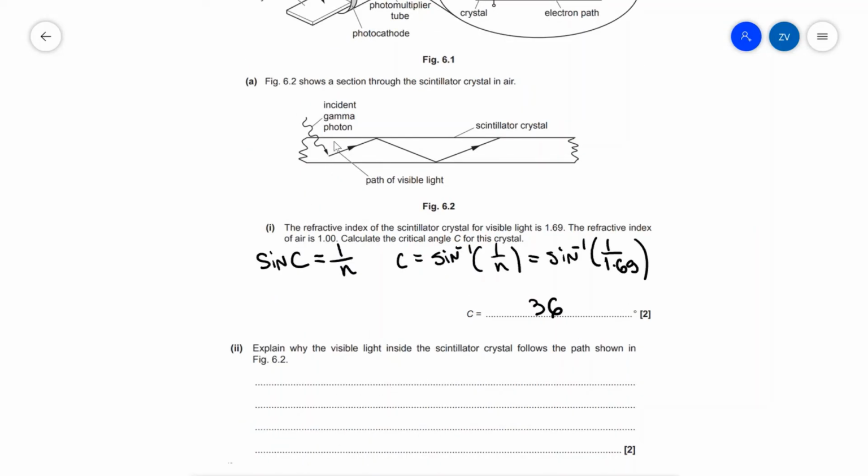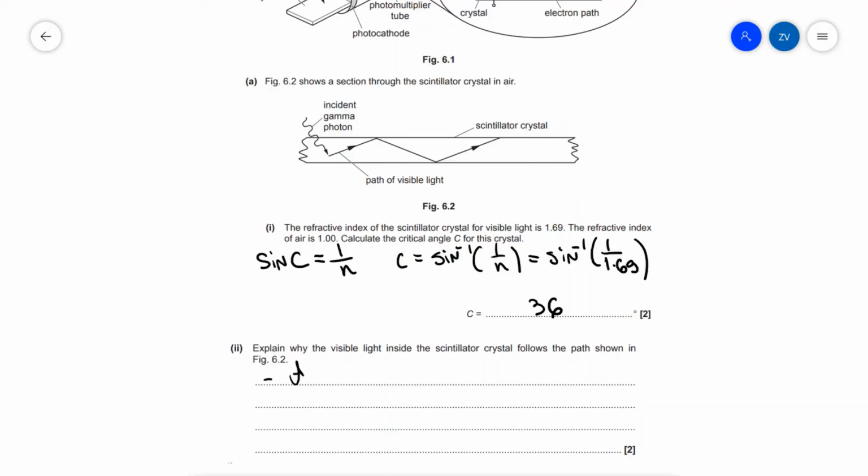Now we're going to see that visible light follows the following path. None of it is refracted, it is totally internally reflected, and this is because the angle of incidence is greater than the critical angle. So that means a total internal reflection occurs. So let's just write this.